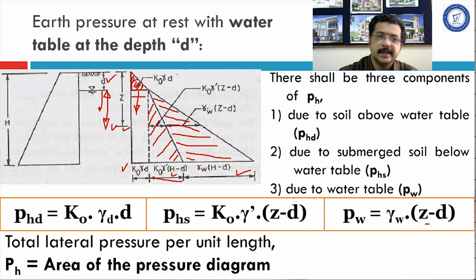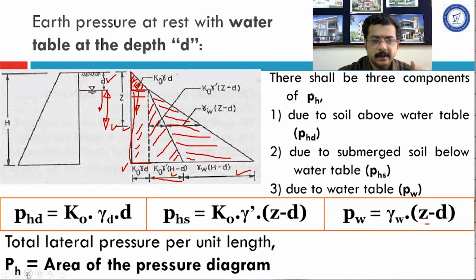This D means this D. This base, whatever we have got at the top, is the same dimension which is available at the bottom. It is a rectangular distribution. Height, how much is it? This height is capital H minus D. Hence H minus D multiplied by K0 into gamma into D will be this area.